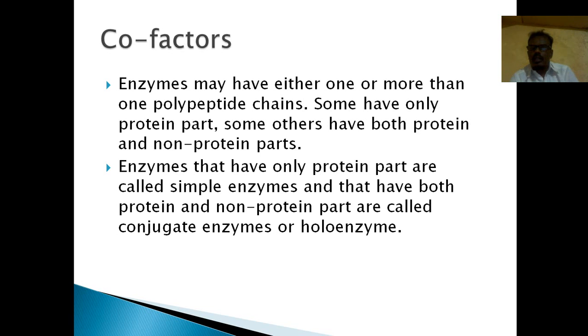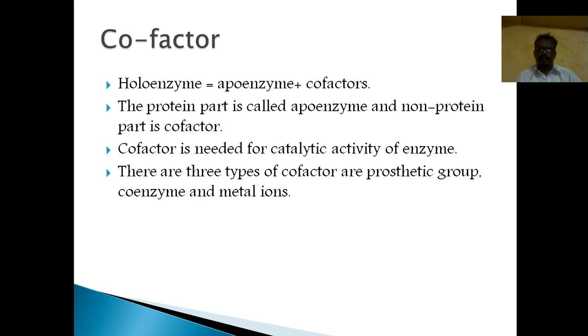Enzymes which have only a protein part are known as simple enzymes, and enzymes which have both protein and non-protein parts are called conjugate enzymes. So enzymes may consist of a protein part and also a non-protein part, but the majority of enzymes are proteinaceous in nature.